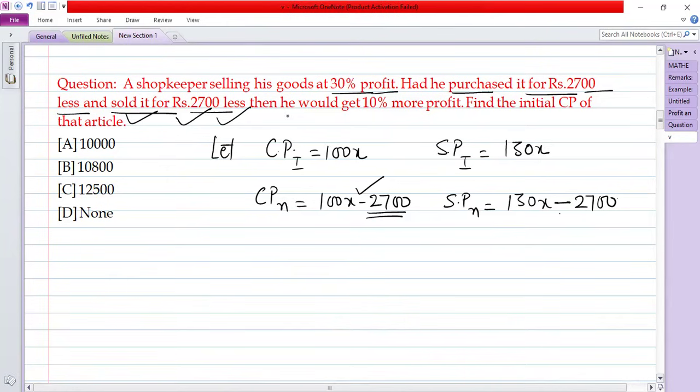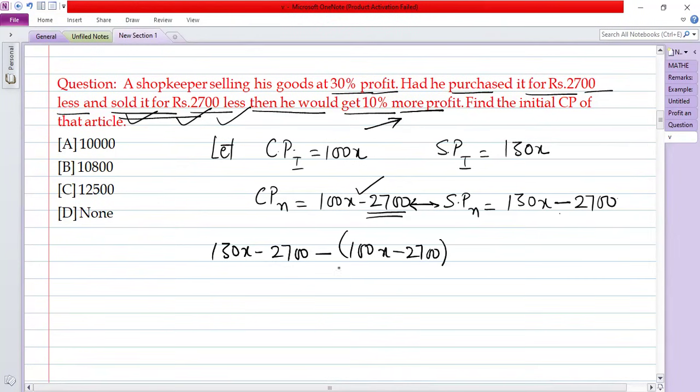Now if he had done so, then he would have got 10% more profit. Please mind, this is very important. Now this difference is the new profit. This difference is 130x minus 2700 minus 100x plus 2700. This difference is our new profit amount.